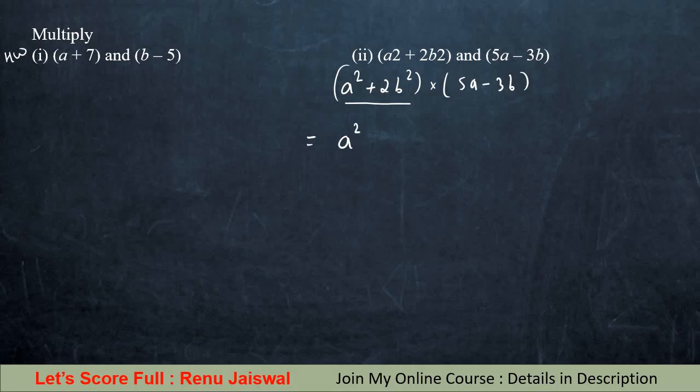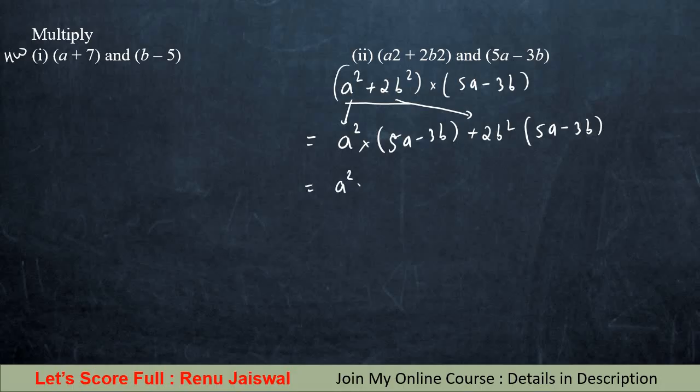So a square multiplied by 5a and 3b, take the second term, first term I took here, second term here, and then the second bracket. Then again distribute it, a square into 5a plus minus minus a square 3b, correct? And same way the second bracket I am distributing.